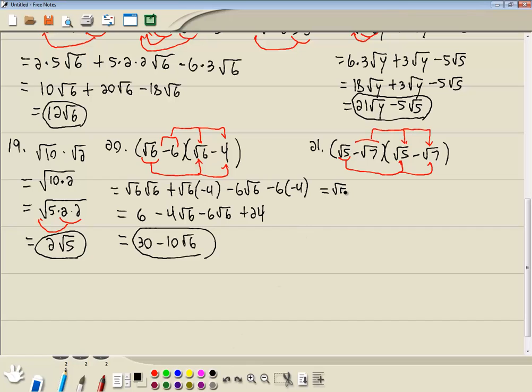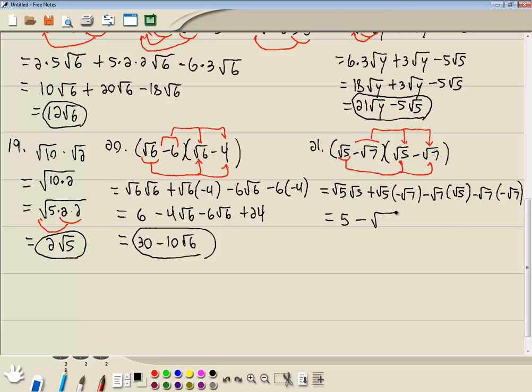Okay, so we got square root of 5 times square root of 5. We got square root of 5 times negative square root of 7. We got negative square root of 7 times square root of 5. And we got negative square root of 7 times negative square root of 7. Well, when the square roots are the same, square root of 5 times square root of 5 gives you 5.